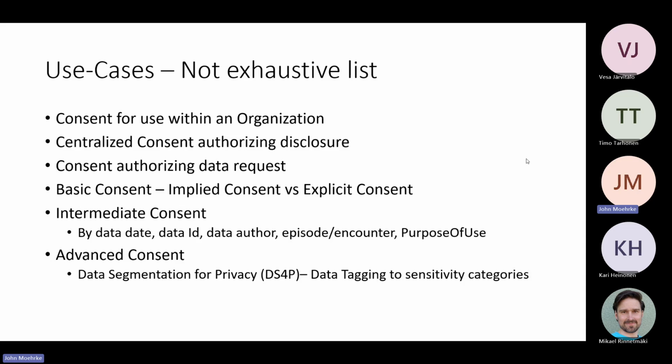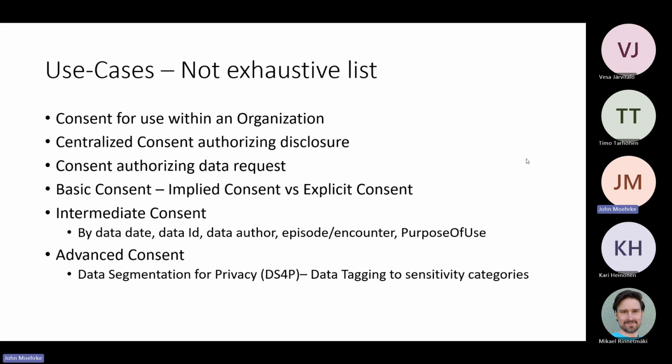Intermediate consent, as I said, these are the easier ones, but this is where the patient says, yes, I'm okay, except I do not want the data that you have that is authored in 2020, the whole year. I don't authorize that data. Or I'm okay, but by the way, there's a particular lab result that I don't want authorized. So data by identity.